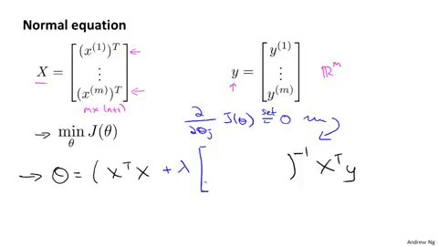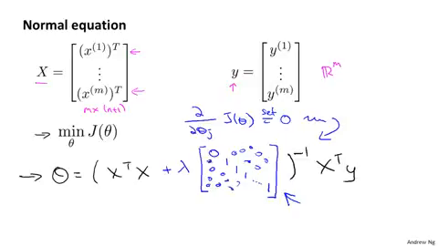Inside this parenthesis, you end up with a matrix like this: 0, 1, 1, 1, and so on, 1 until the bottom. So this thing over here is a matrix whose upper leftmost entry is 0, there are 1s on the diagonals, and then 0s everywhere else in this matrix, because I'm drawing this a little bit sloppily.